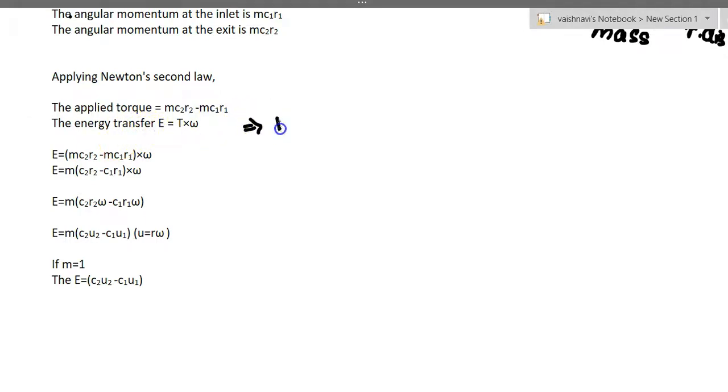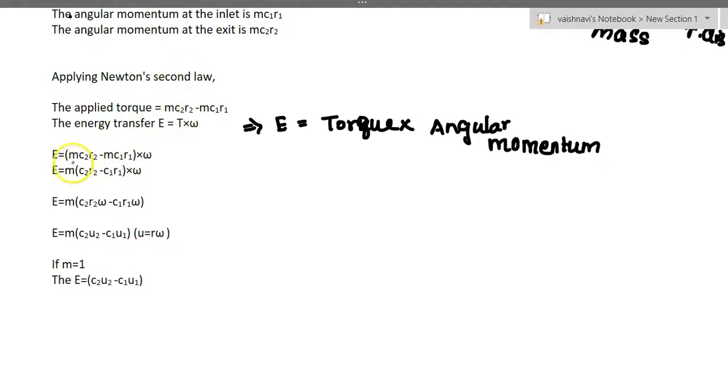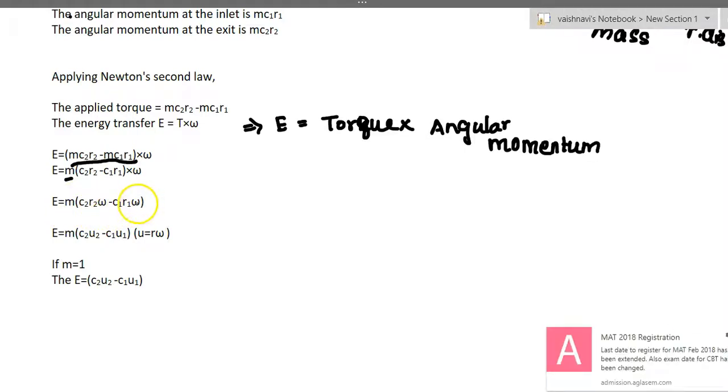Energy E is equal to torque into angular velocity. Torque is m c2 r2 minus m c1 r1, into omega. Now taking m common, the remaining things will be c2 r2 minus c1 r1, into omega. Multiplying the omega, m into c2 r2 omega minus c1 r1 omega.